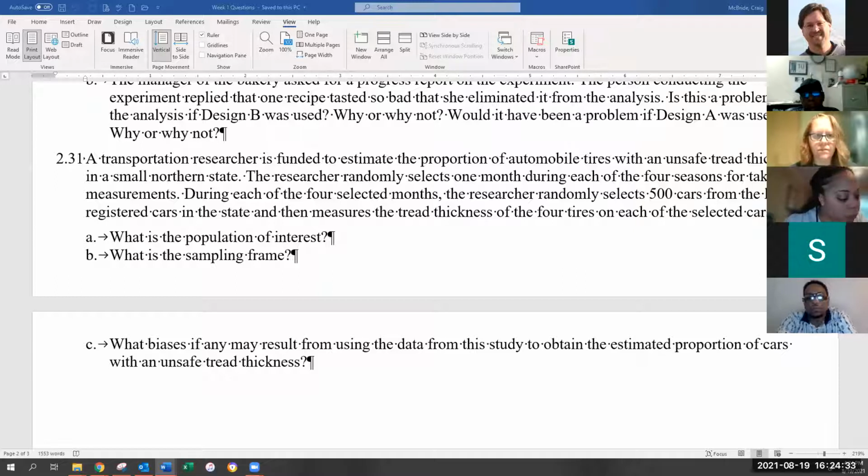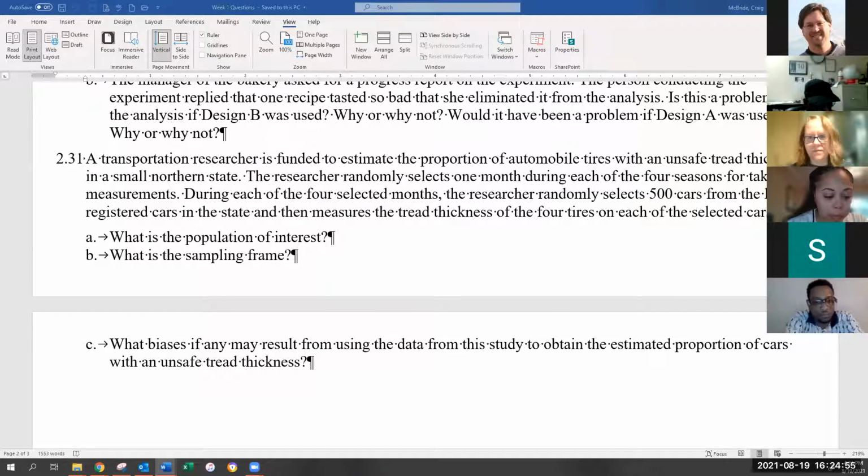The sampling frame is what your sample is. It's just basically describing your sample. So would the sample be the information that we actually use? No. The sample is the objects that you gather to take data from.